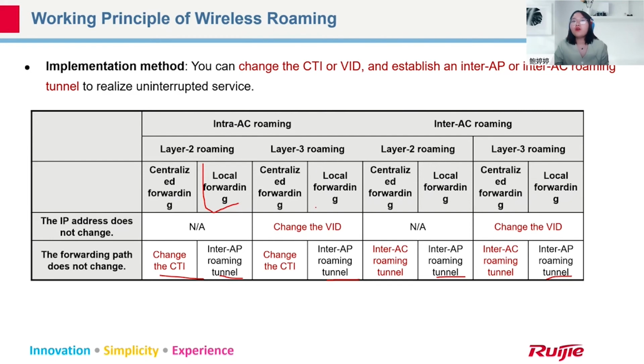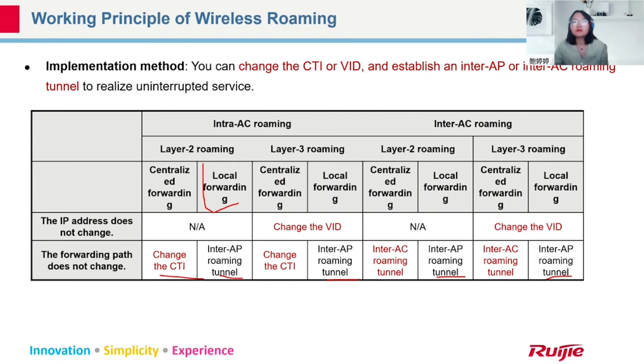And about layer 3 roaming in inter-AC, we will establish the inter-AC roaming tunnel between different ACs, and then we will use the MTI value, and finally forward the traffic and keep the same forwarding path. But how do we make the IP address not change?